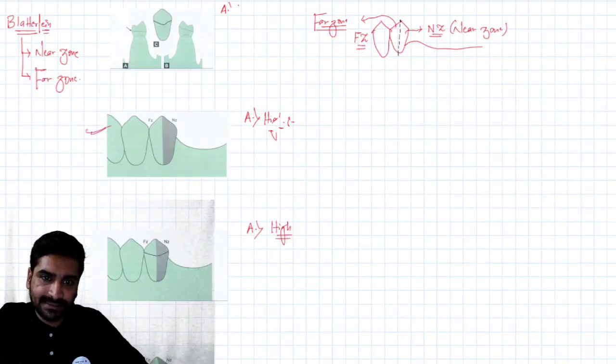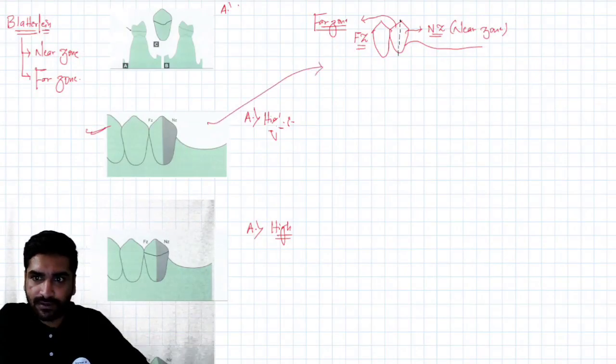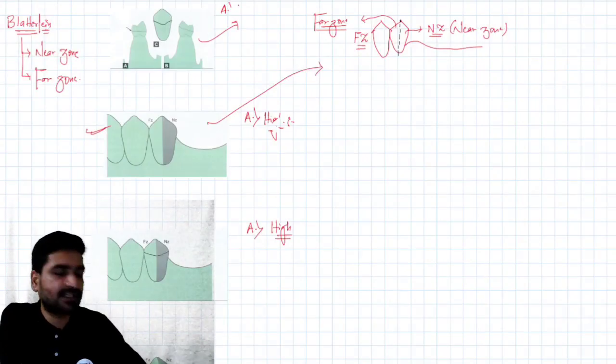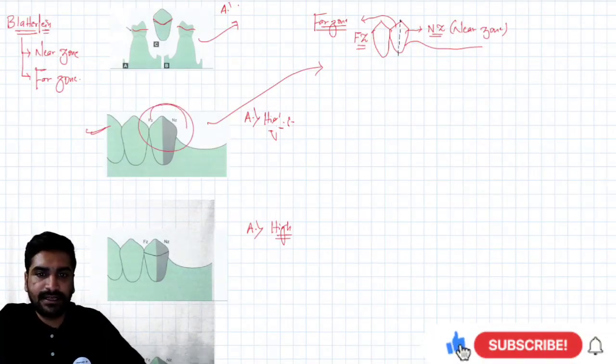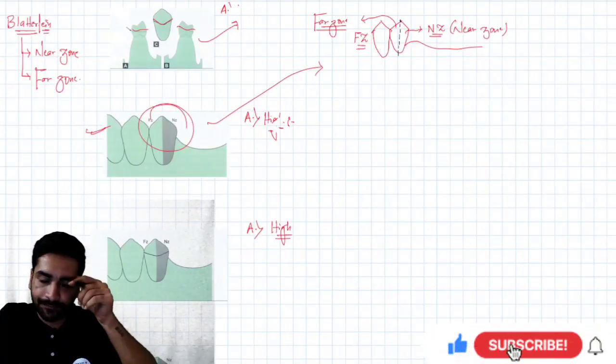This is a diagram for your near zone and far zone which I have drawn over here. This is a diagram of the survey line, this is how the survey line appears from the front, from the mesial, from the distal aspect. This is the near zone and the far zone diagram.